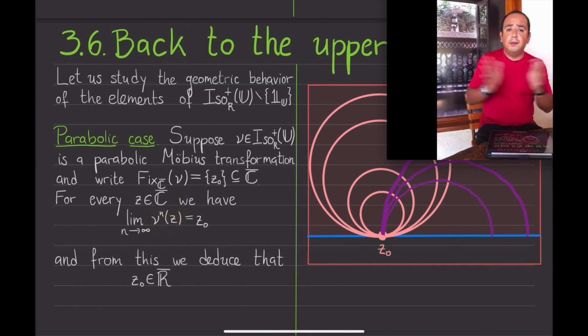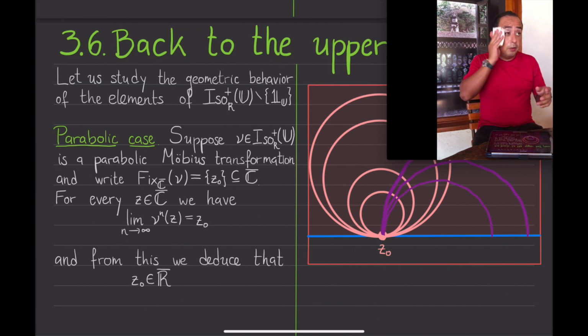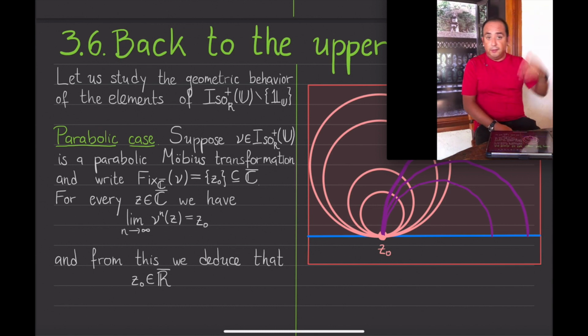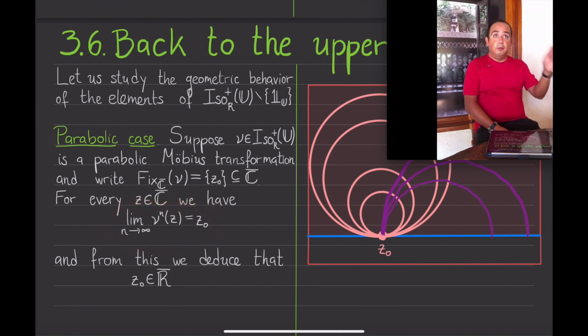You can see this by taking any translation, one of the standard examples that we saw before, and computing the limit in C bar. For a translation, that limit is always going to give you infinity.